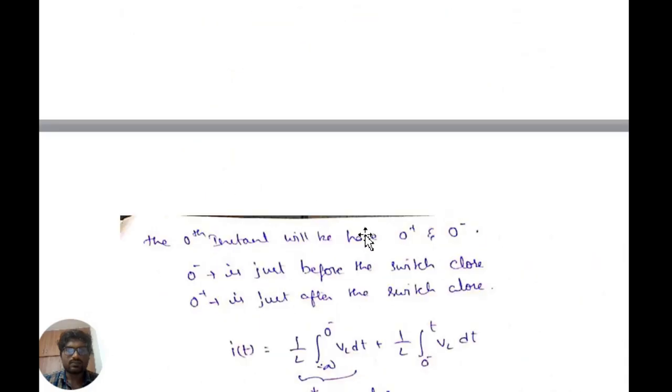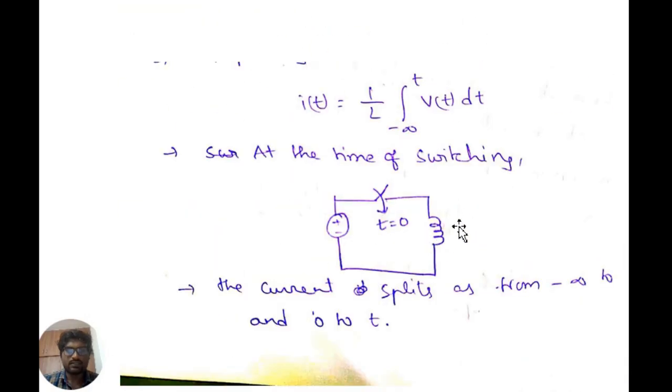As the current inside the inductor gets discharged, the current at t tends to infinity will be the source current, as it acts as a short circuit. It is just a direct conductor.